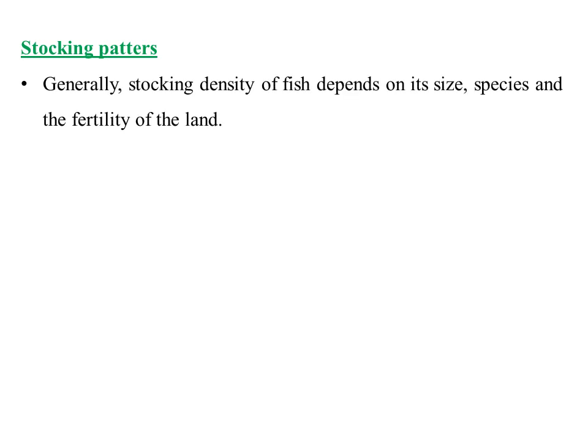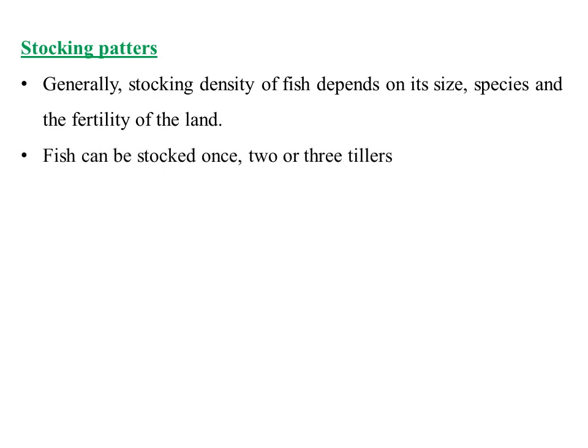Next, stocking pattern. For this rice cum fish integrated farming system, there are some stocking patterns, and generally the stocking density of the fish depends on its size, species, as well as the fertility of the land.